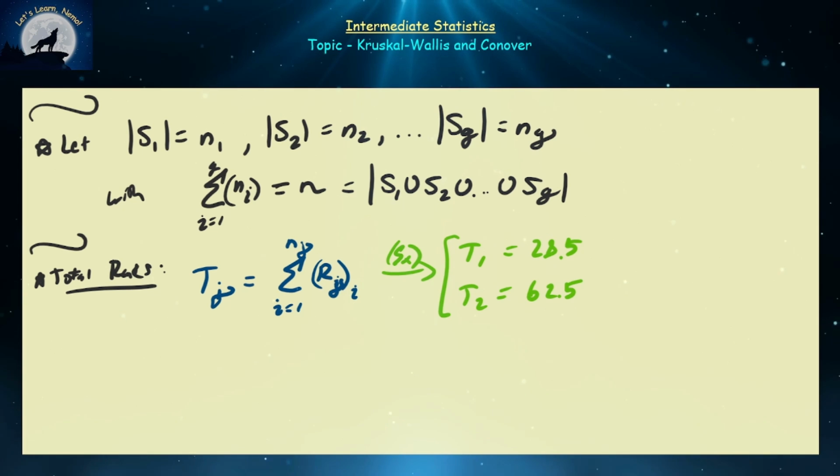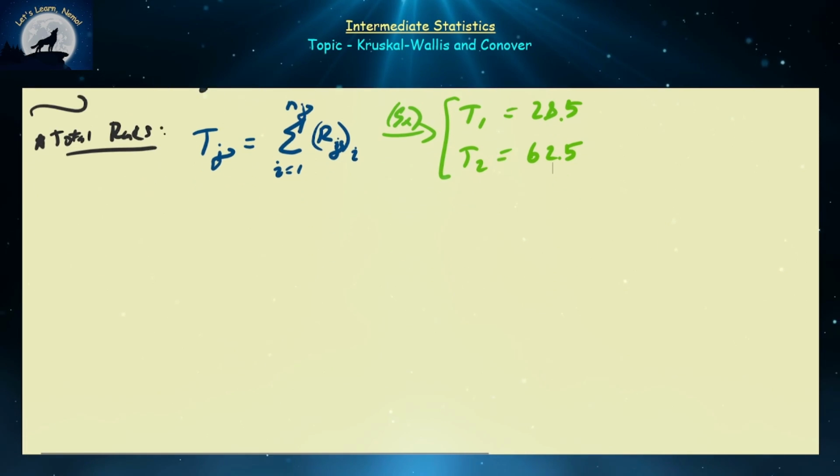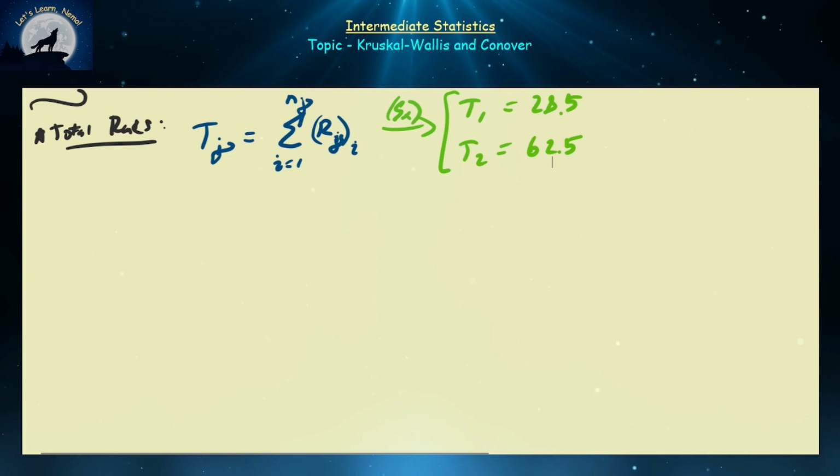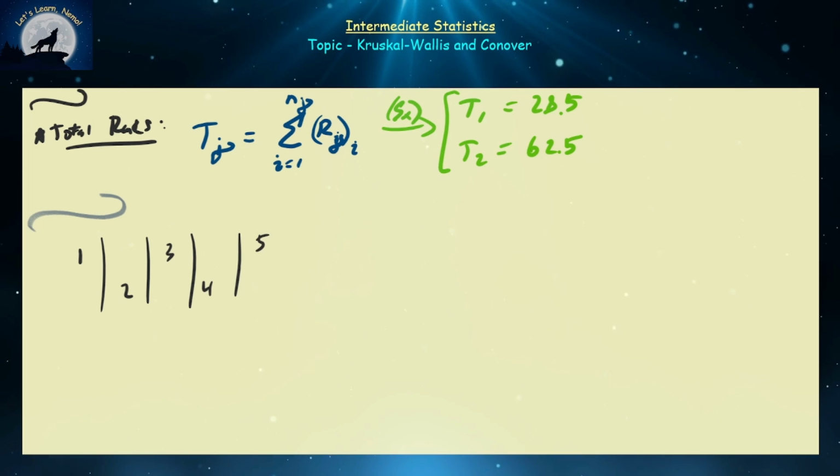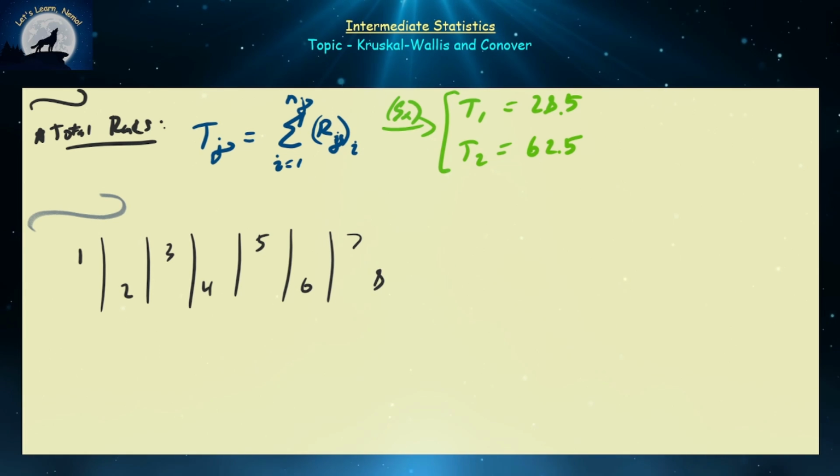So is it possible that T2 is larger only because of the larger sample? We don't know. Right, so let's think about how we're going to work out those complicated details. Let's assume that we have a rank of 1, followed by a rank of 2 in the next sample, and then 3, and then 4, and then 5, and then 6, and then 7, and then 8.